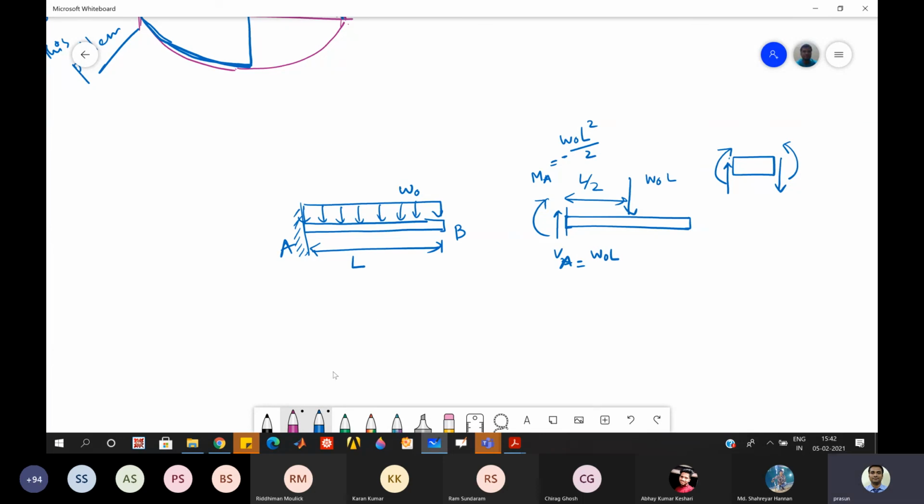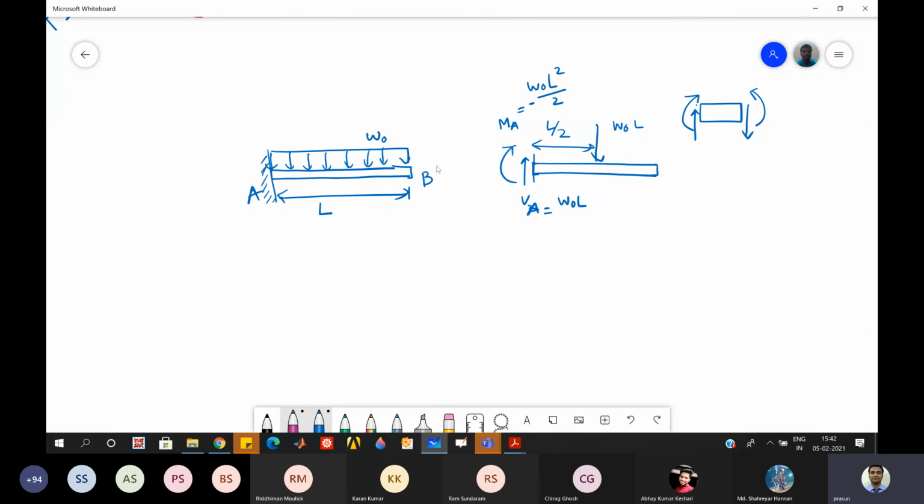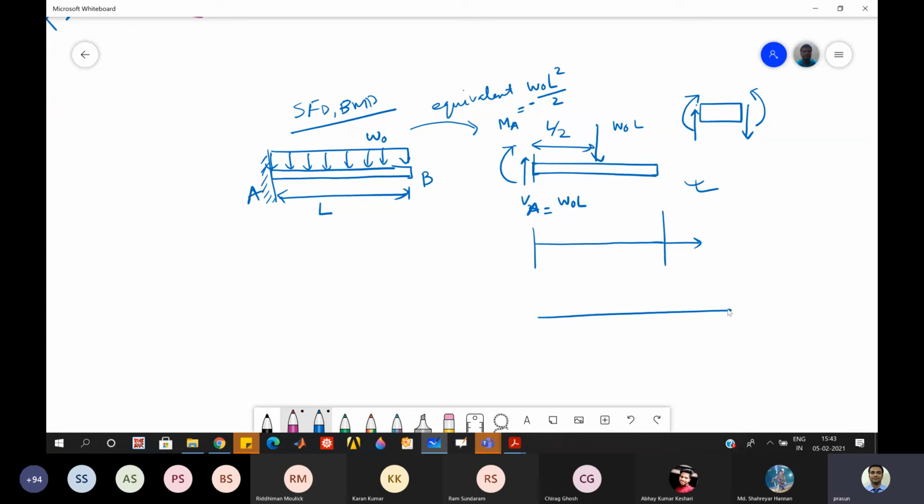So now if I tell you to solve for the SFD and BMD of this particular problem, one or two students, because sometimes we say this is equivalent, they just take this one and start drawing the SFD and BMD of this problem. What will be the SFD and BMD of this problem?